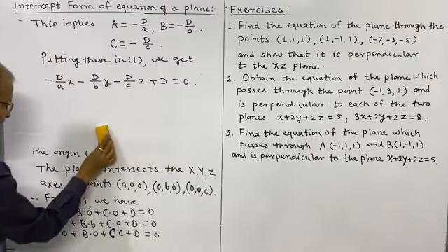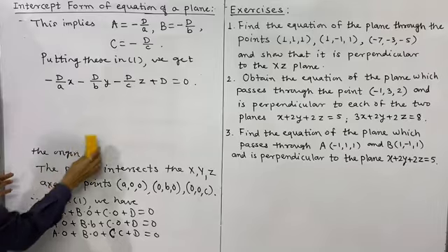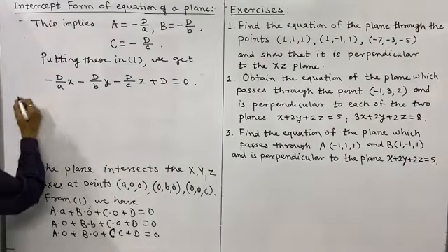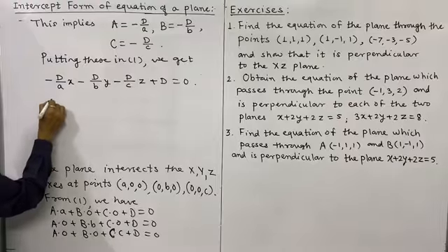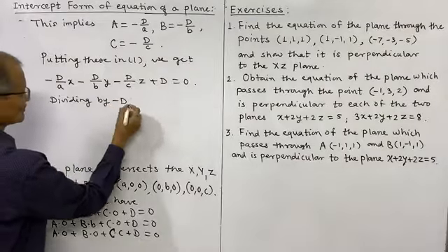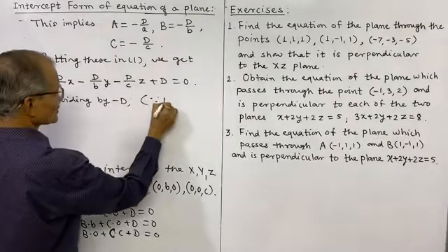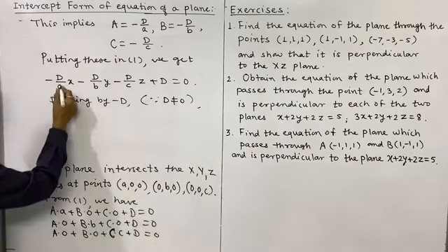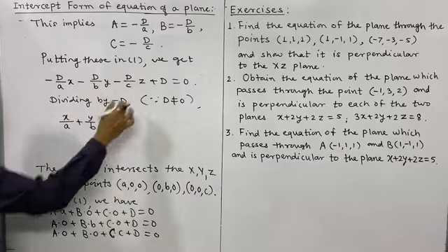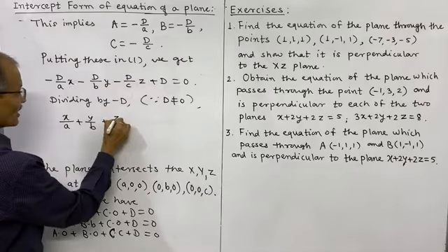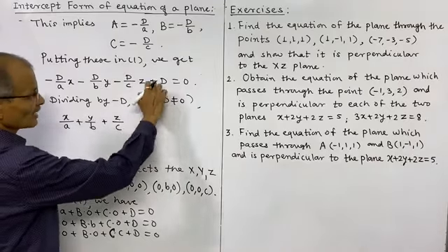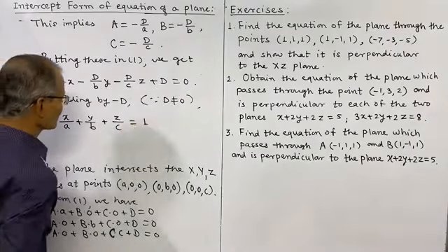Now we can simplify this equation, and here we have written d is not 0, so we can divide throughout by minus d. Since d is not 0, we will get x upon a plus y upon b plus z upon c, and this d divided by minus d is minus 1, and that minus 1 I shall write on the right side as plus 1.